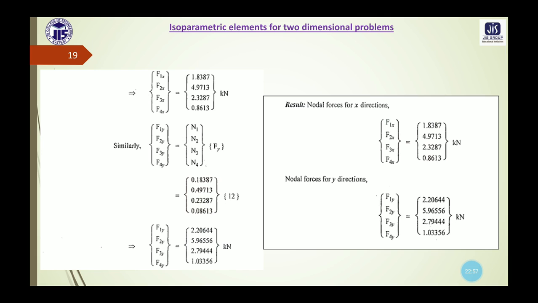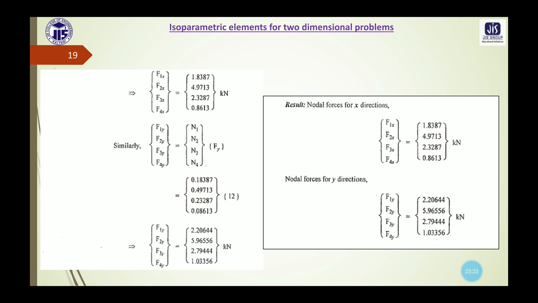And in a similar manner, we can also calculate F1y, F2y, F3y and F4y, which is actually the column matrix constituting the shape functions multiplied by Fy. The value of Fy is given in the numerical, which is 12.